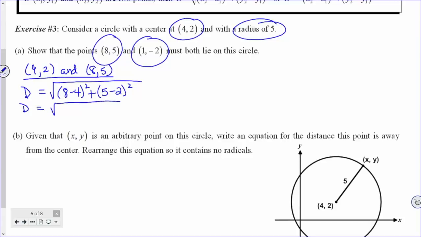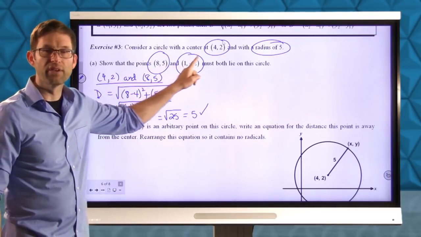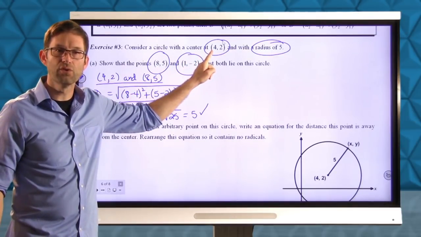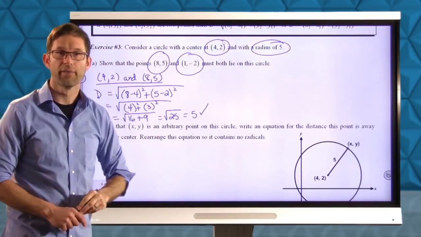So 8 minus 4 is 4 squared. 5 minus 2 is 3 squared. All right, I'm going to run out of space here pretty quick. That's 16 plus 9. That's the square root of 25, and that's 5. So you bet. This point, 8, 5, is 5 units away from 4, 2. Since that's the center and the radius is 5, that point must lie on the circle.